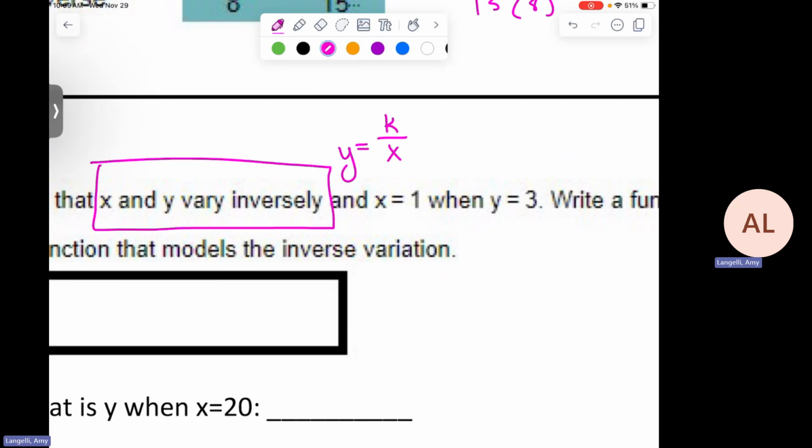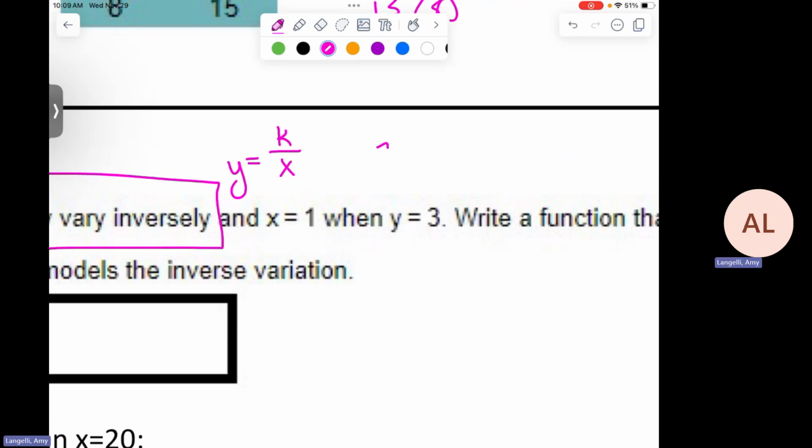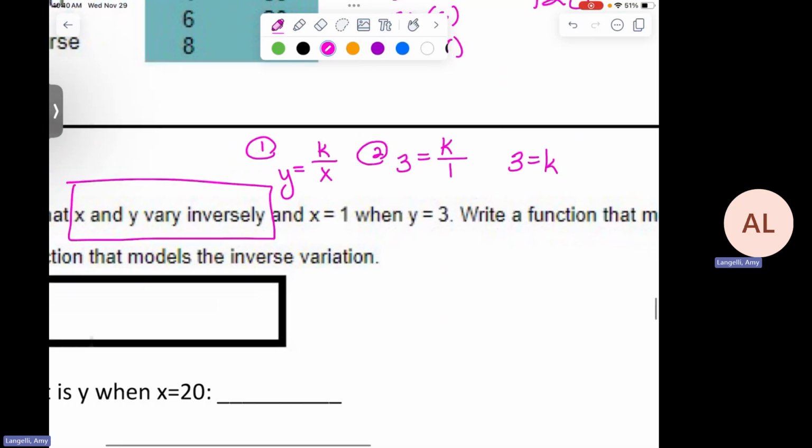Now fill in 1 and fill in 3. And I filled them in appropriately. Like I put 3 in for y and 3 equals k. So we're kind of like step 1, step 2. What's the equation then?